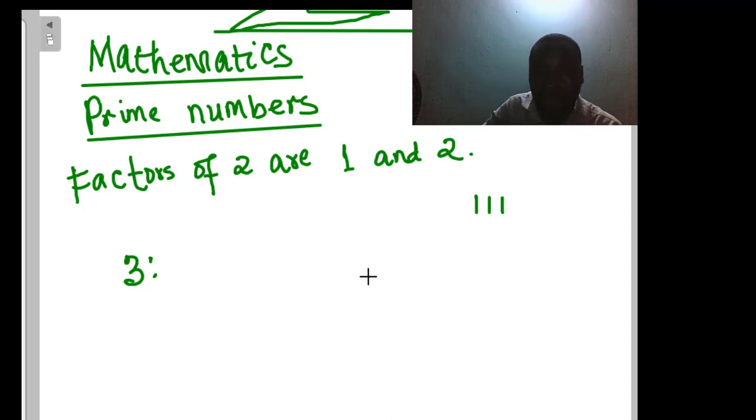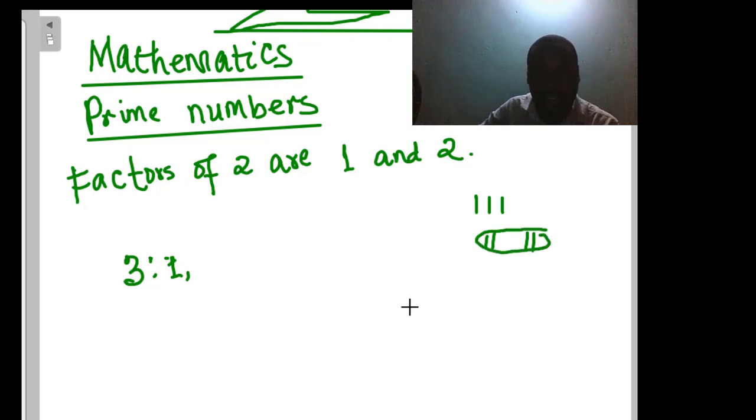If we check 2, 1 two is 2, which is less than 3, but two twos is 4, which is more than 3 and not exactly 3. That means 2 is not a factor of 3.